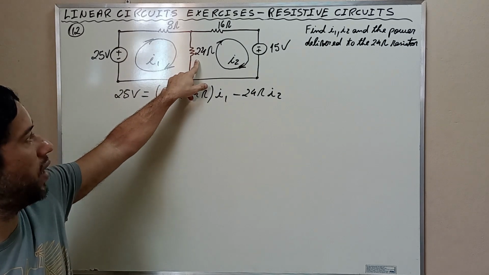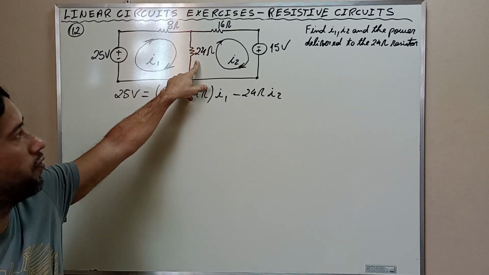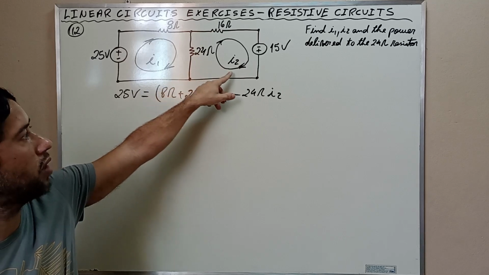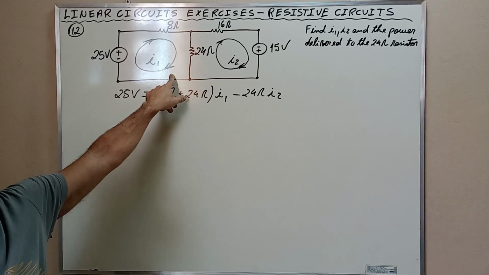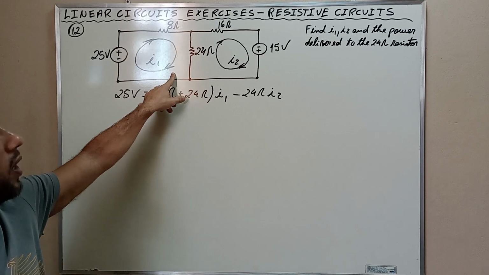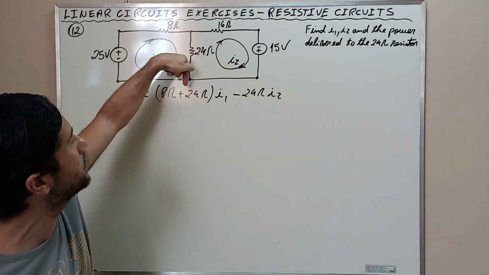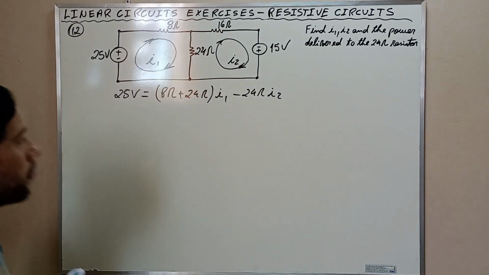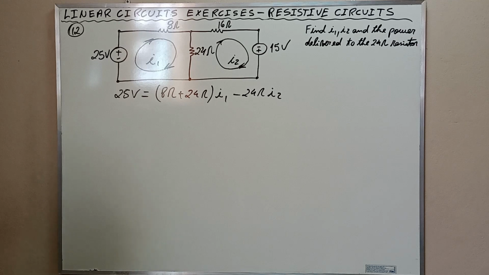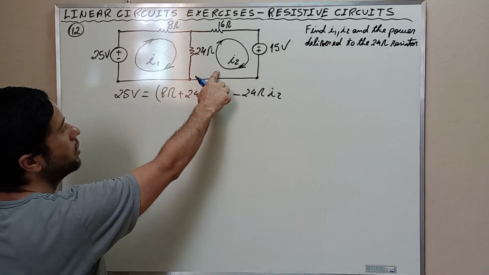Because when I2 passes here, it also causes a voltage drop, but the voltage drop caused by I2 is in the opposite direction of the voltage drop caused by I1, because I1 goes downwards here and I2 goes upwards here. Did you understand? Now let's go to the loop of I2.